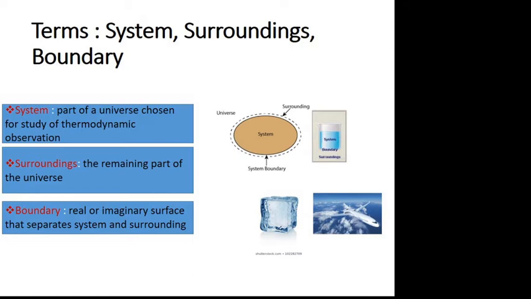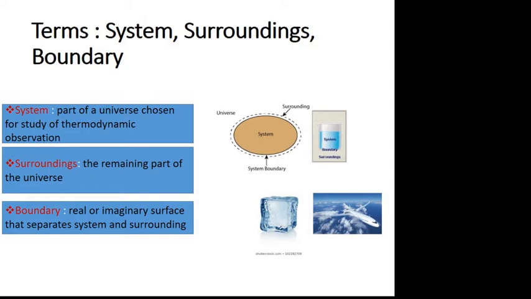For example, if you are boiling a glass of water and you are going to find out what changes occur there, the water inside the glass is what is known as the system. That part of the universe which we have chosen for thermodynamic observation is the water inside the glass. Then the remaining portion, that is, if the glass is kept inside the kitchen, the whole kitchen or remaining part is what is known as surrounding.